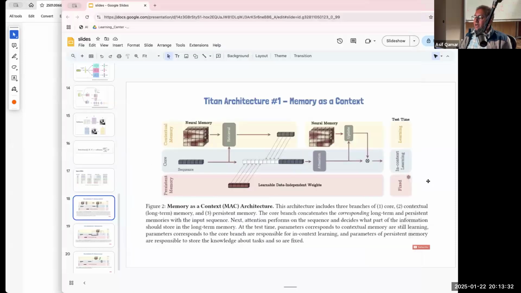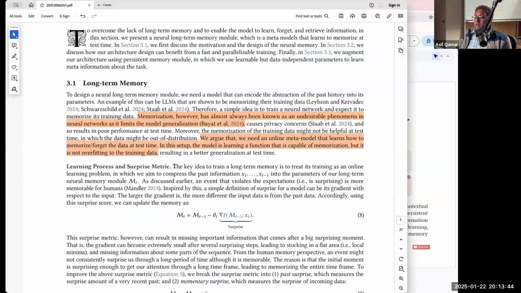But interestingly, now we are combining memorization for our own benefit, for information and knowledge abstraction, and then combining it with attention, you have that transformer-like architecture. We argue that we need an online meta model that learns how to memorize and forget the data at test time. The model is learning a function that is capable of memorization, but it's not overfitting the training data.